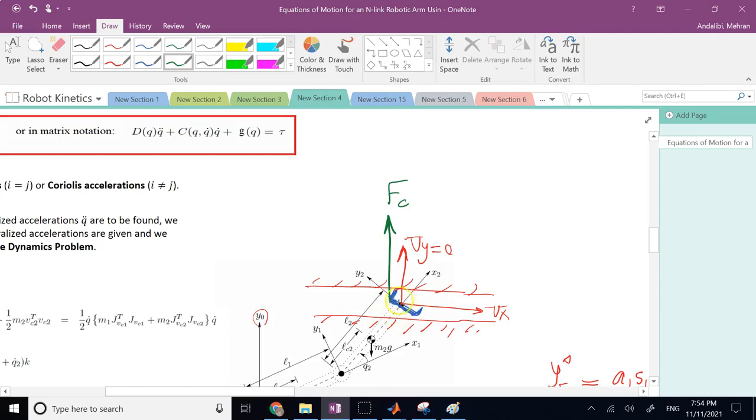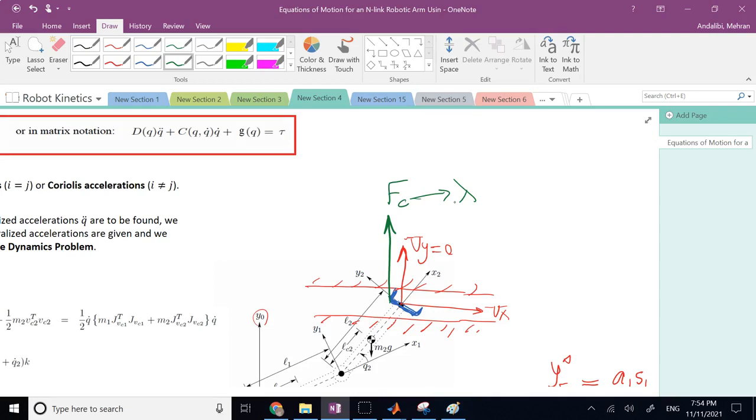When there is a contact, there is a normal force, and this is going to be your lambda if you calculate it. So if somebody asks what is the force applied by the guide on the end effector at each point, that's what you need to calculate, and that is your lambda.